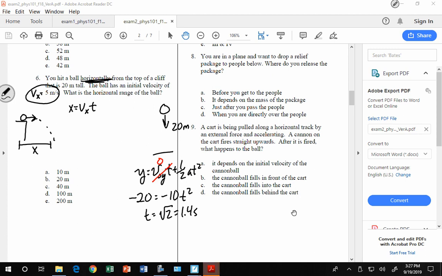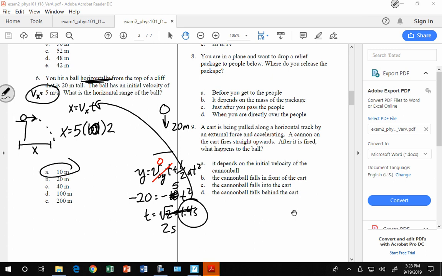Now that I know this 1.4 seconds, I can plug in up here, so x is equal to 5 times 1.4. Oh, so it would be 2 seconds. Yeah, you're right. So this would be negative 5, and t would be 2 seconds, the root of 4. So x is equal to 5 times 2, which is 10.